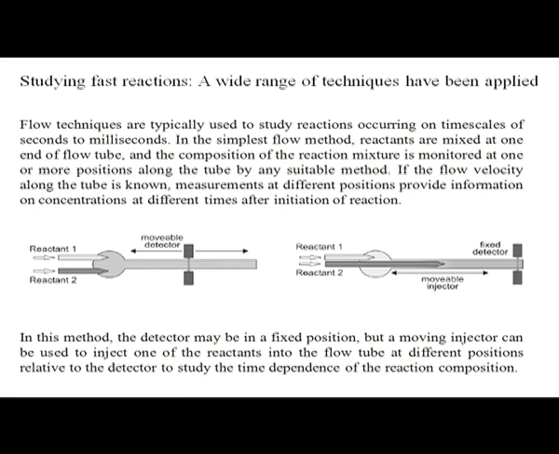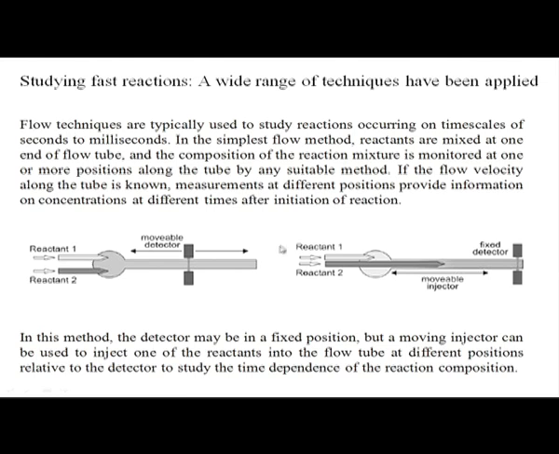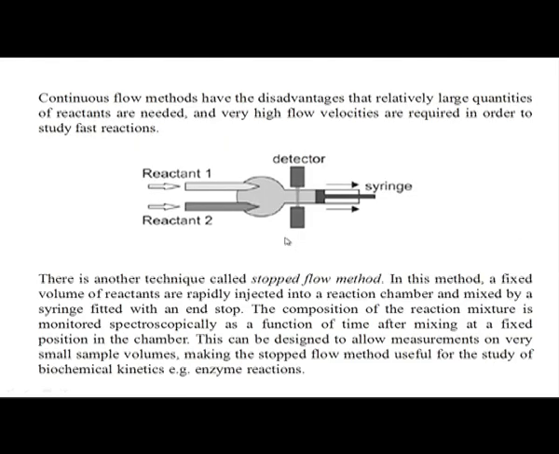So, that is the goal, to know the kinetics, you should know the time dependent concentration of certain reactant or maybe product. So, it is a continuous flow method I just talked about. Continuous flow methods have the disadvantage that relatively large quantities of reactants are needed.